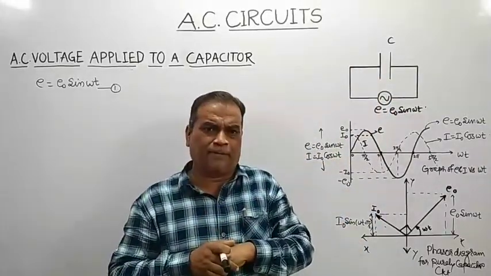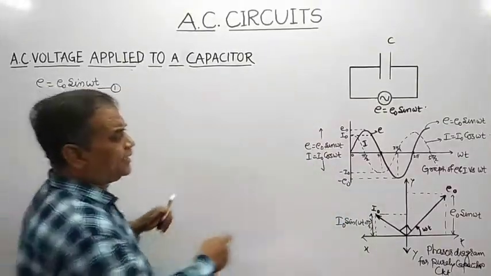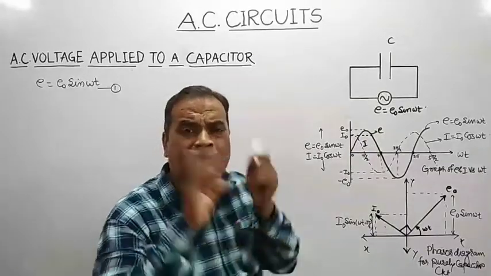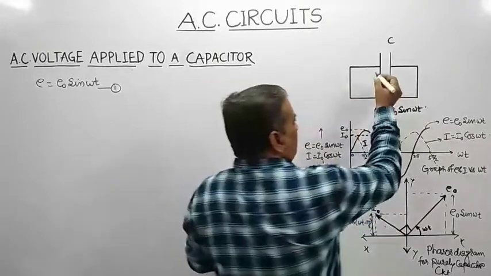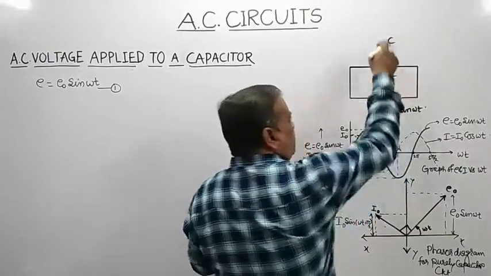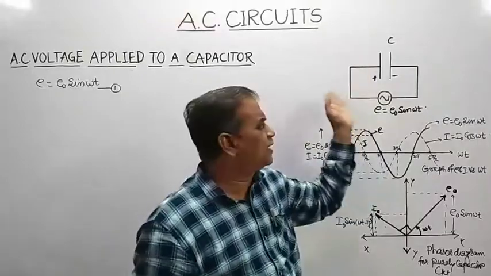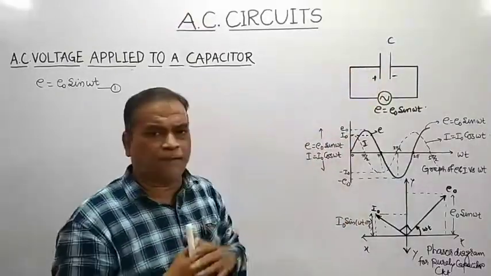But remember, the current changes its direction after every half cycle. During the positive half cycle, suppose positive charges are deposited on the left plate of the condenser, while negative charges are deposited on the right plate.